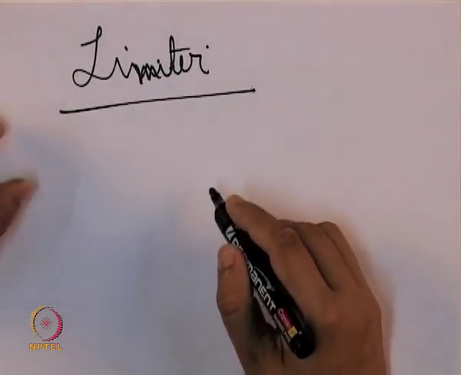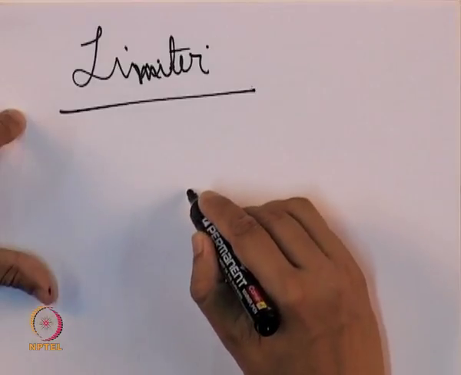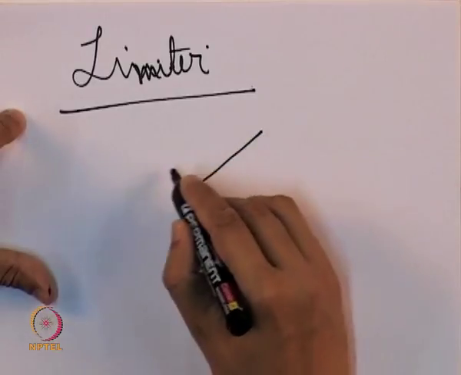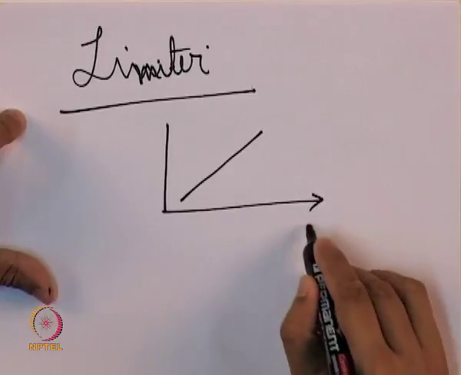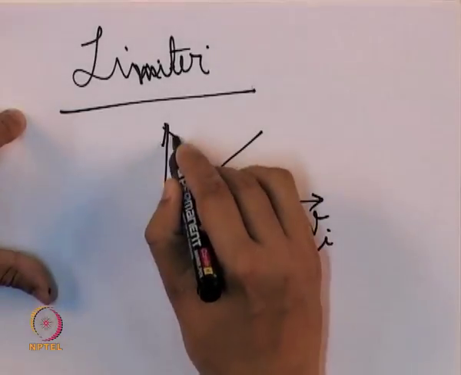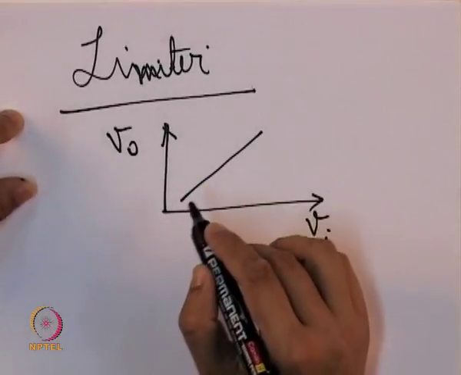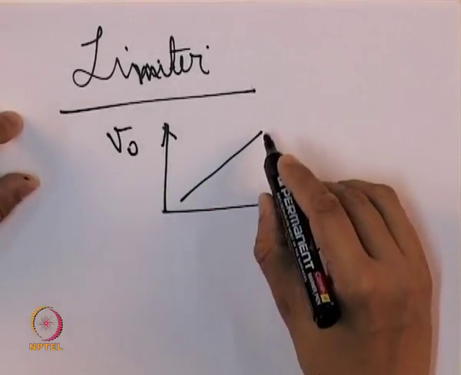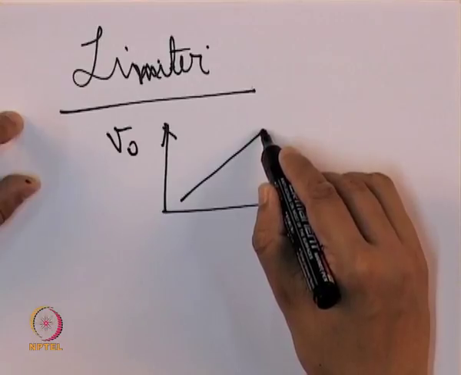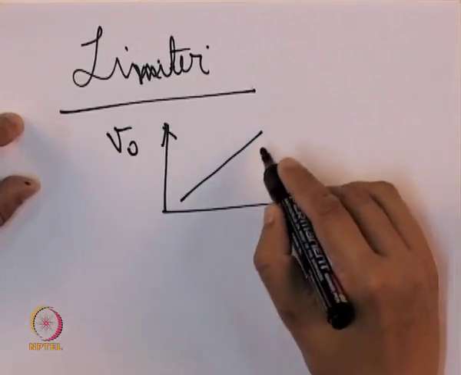So, a limiter is the circuit that does not allow, suppose this is my V I and this is my V O. So, V I is the input voltage and V O is say the output voltage. A limiter is a circuit that will not allow the output to go on increasing at a constant rate.